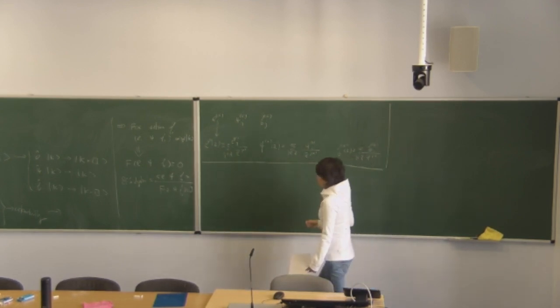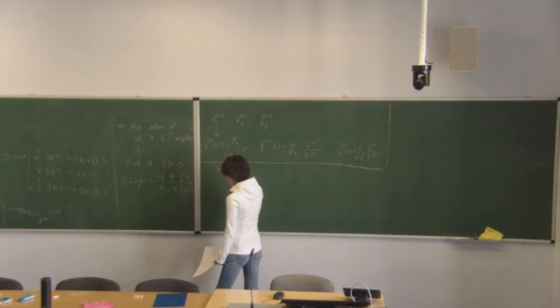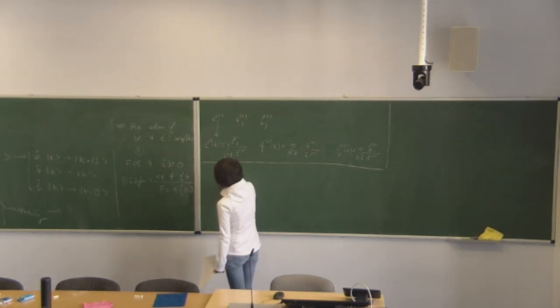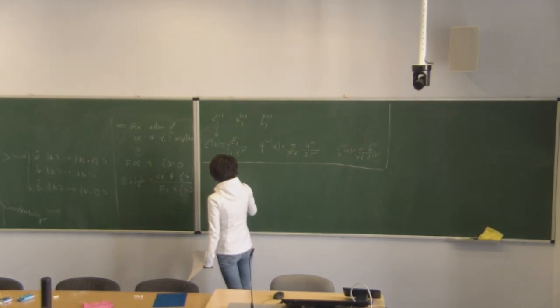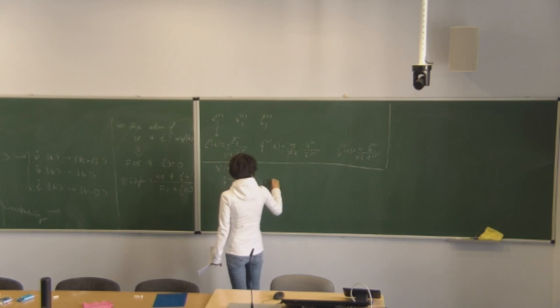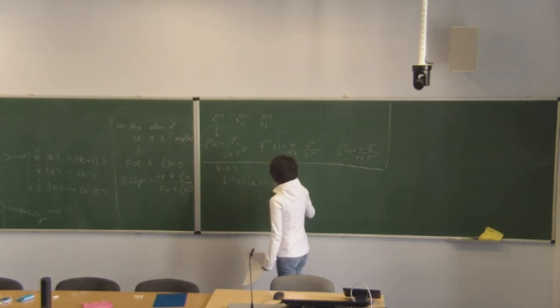Okay, so now we write down the ansatz. For any state, we want this state to be an eigenfunction of all the Cartans. So this is the eigenvalue function.